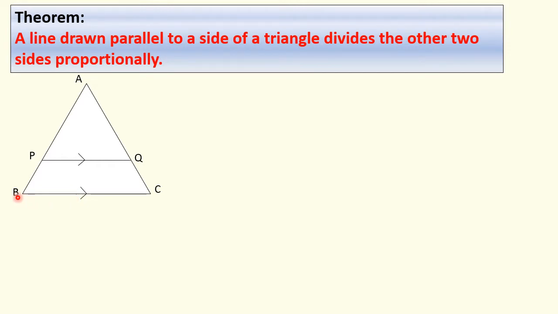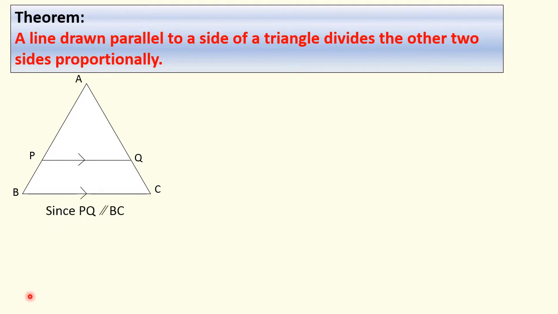In fact, PQ is drawn parallel to BC. This is an additional line drawn in the triangle. So when a line is drawn parallel to a side of a triangle, it divides the other two sides proportionally.